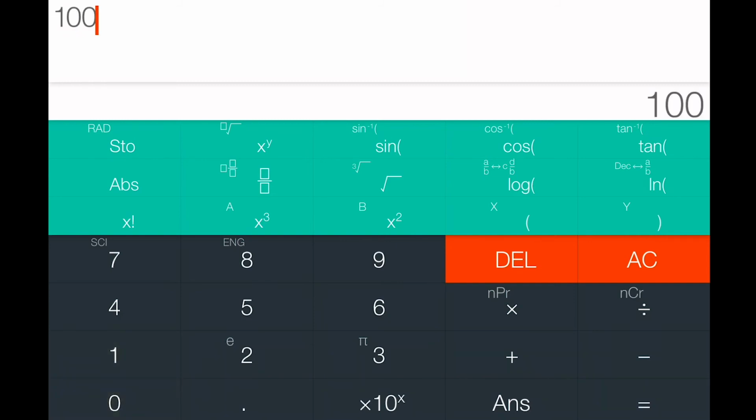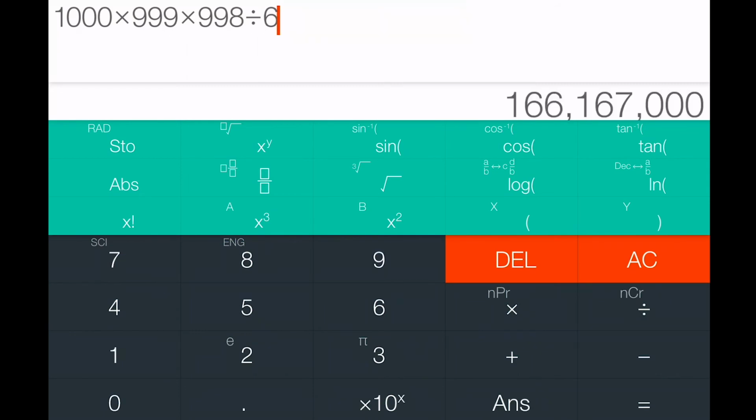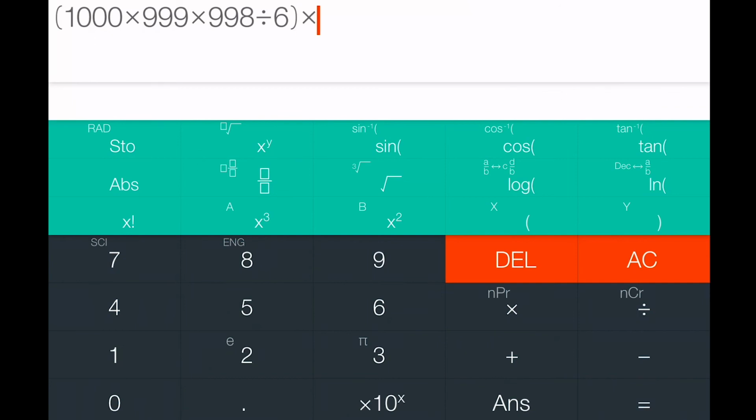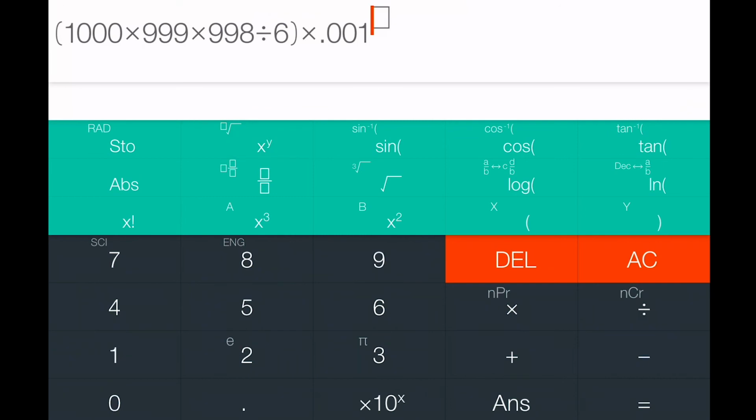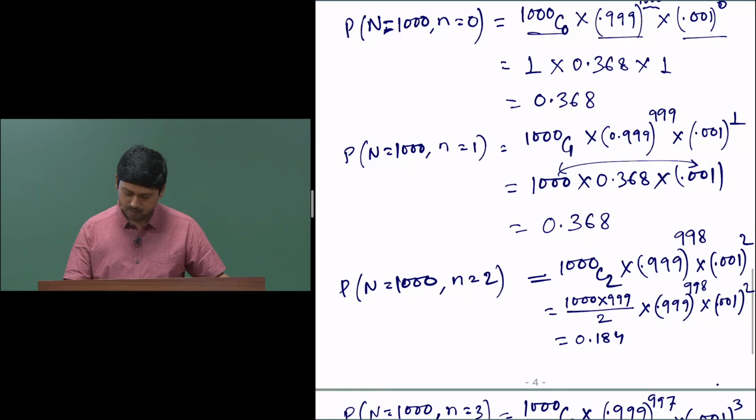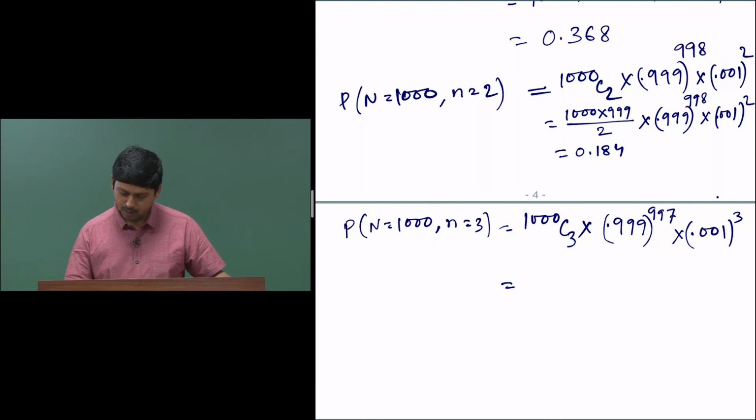So, 1000 C 3 is 1000 into 999 into 998 divided by 3 factorial, which is 6. So, that is this much, followed by 0.001 to the power 3. Okay, good, 0.166, and then we are still left with 0.999 to the power 997. Let us see.